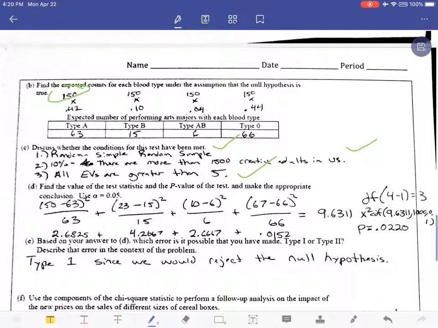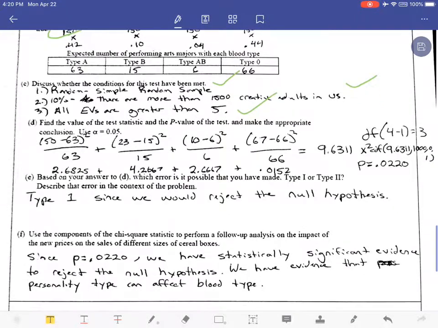So we move on to the third part of our significance test, calculating the p-value. We use our formula that we learned in the last video: observed value minus expected value, squared, divided by expected value. So for type A blood, we have an observed value of 50 minus our expected value of 63, square it, divided by 63.